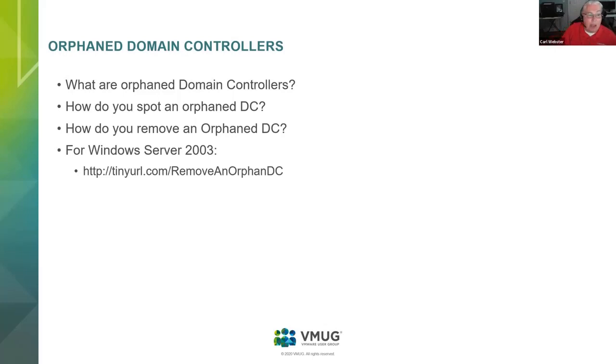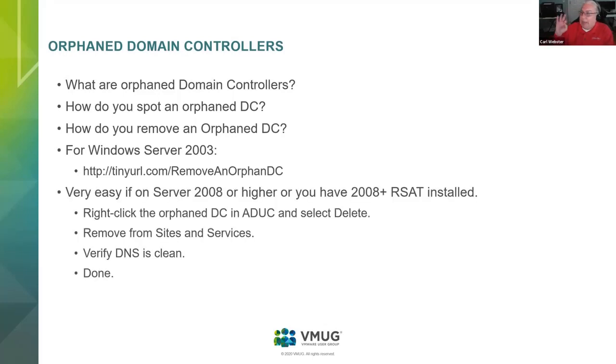But if you have at least one 2008 or higher domain controller, or a 2008 or later server, or a desktop OS at the same level with RSAT installed, piece of cake. Find that orphan domain controller in ADUC, right-click, delete, gone.